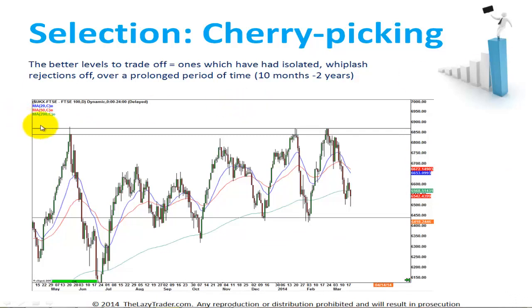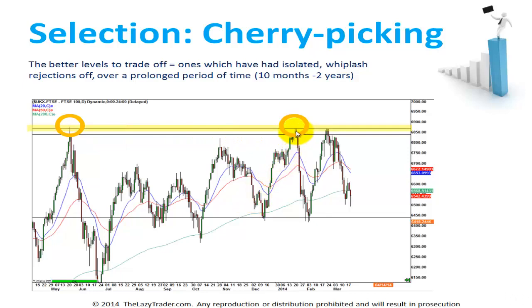Like for example, as we can see here, the FTSE 100, which is right before your very eyes. We've got this horizontal level of resistance, aka a supply, which corresponds with the penultimate all-time high, for your information. And we can see that price has come up, tested off it, very decisively fallen after testing it on its first instance. Second instance, we've got the same again.